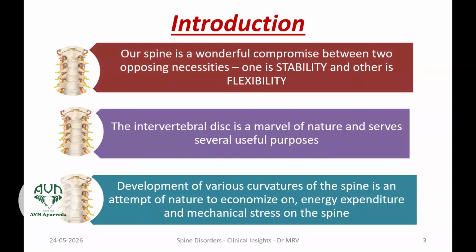It acts as a bush, and it reduces the compression. Development of the various curvatures of the spine is an attempt of nature to economize on energy expenditure and mechanical stress on the spine.